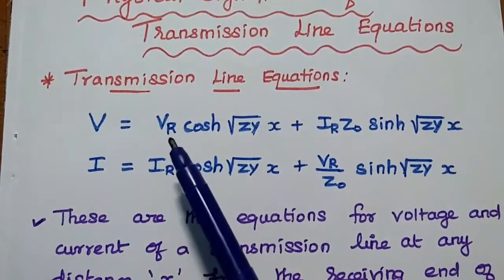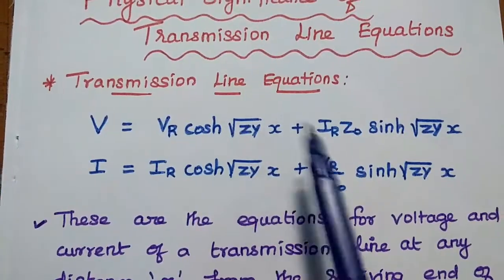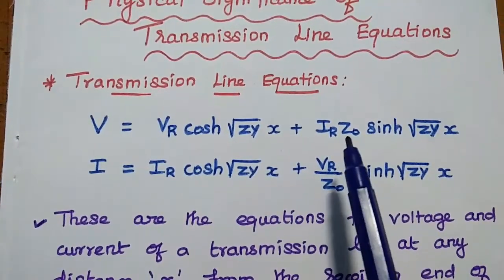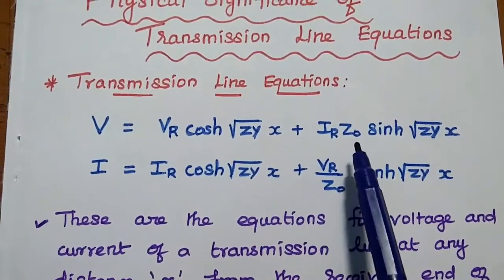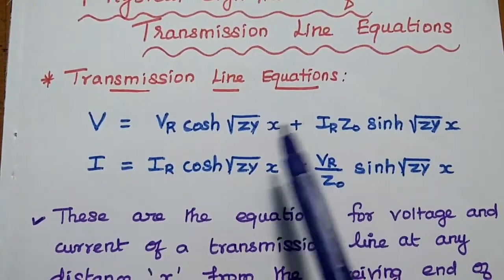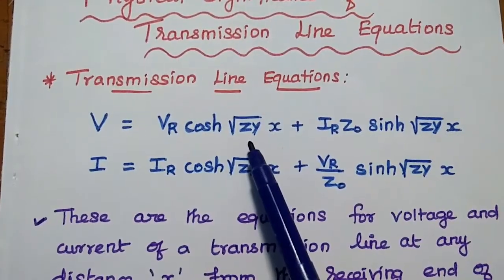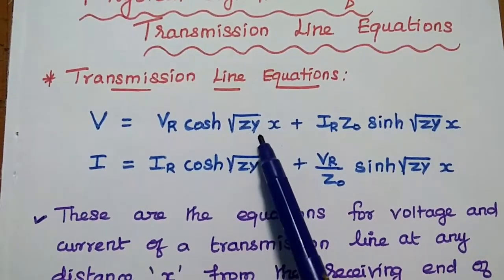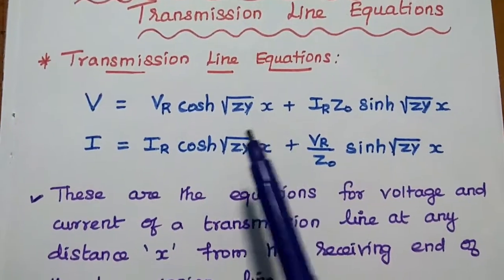So here VR is nothing but the voltage at the receiving end, IR is the current at the receiving end, Z naught is the characteristic impedance, Z is the series impedance of the transmission line, and Y is the shunt admittance of the transmission line.